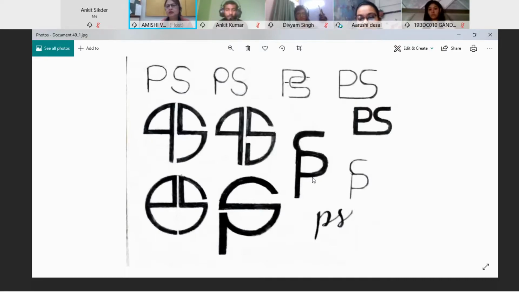The only form in which I see a lot of potential is the third one, the skeleton drawing of P and S, where the S is coming out of P. As a visual form, this has a lot of potential, because it is well balanced, and the identity of the letters is not lost.